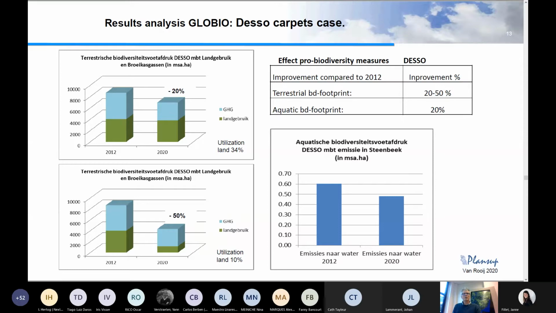And for emissions to water, the measures also had quite some impact. They were quite happy to see that, but they were quite surprised to find that wool plays such a big role in a firm that uses wool only for small parts of its carpets. I'll come back to the reasons later.